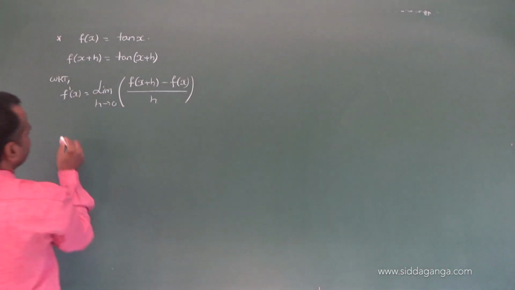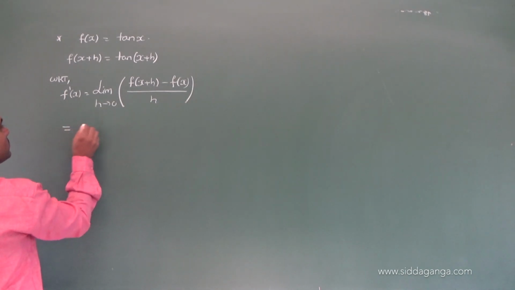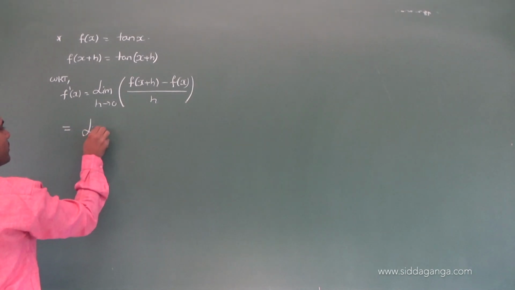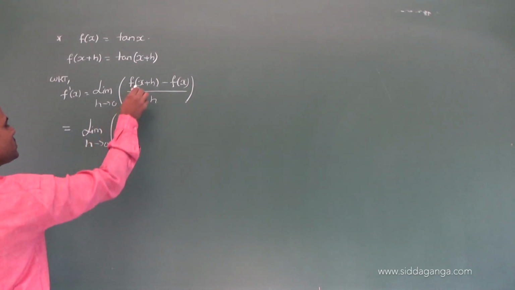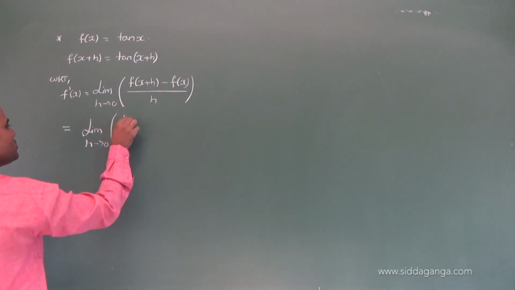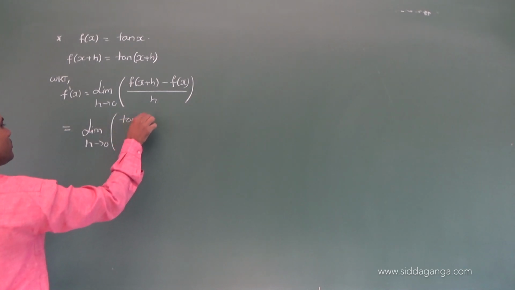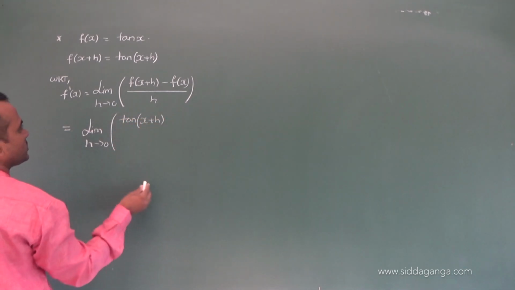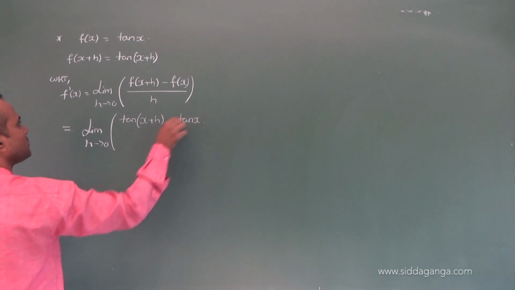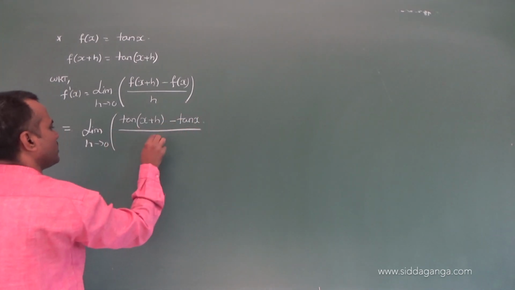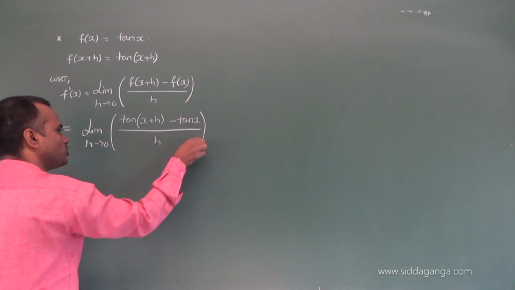Substitute here. That is equal to limit h tends to 0, in place of f of x plus h, tan of x plus h minus tan x, whole divided by h.